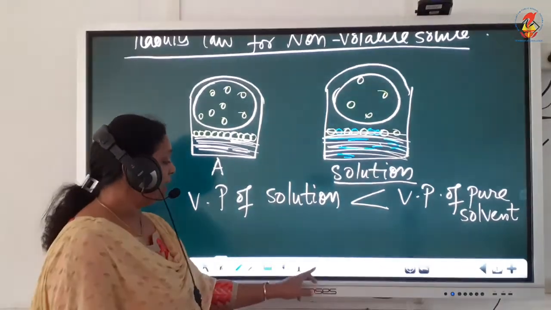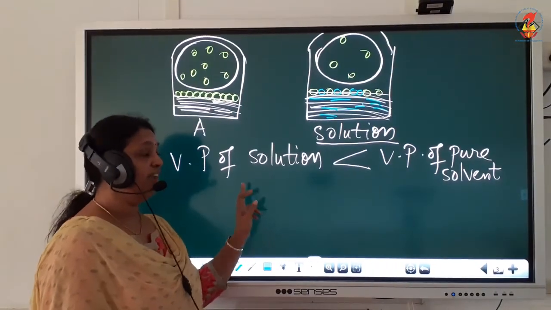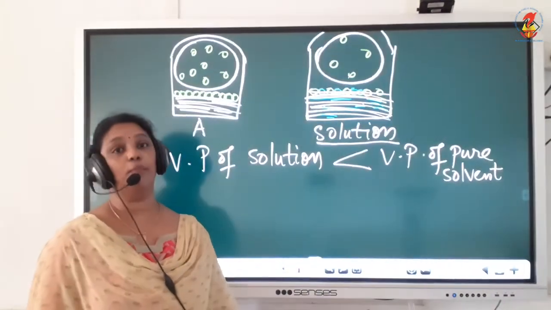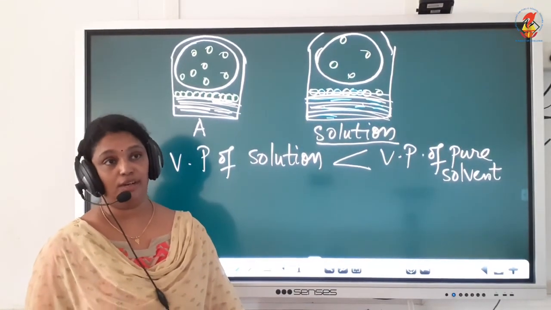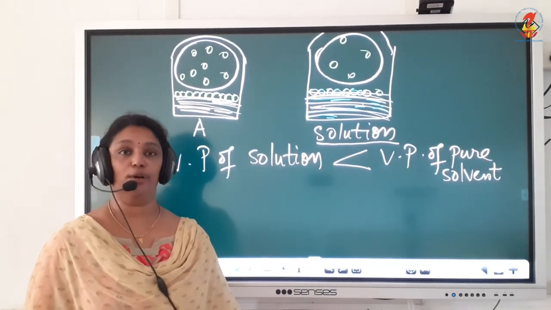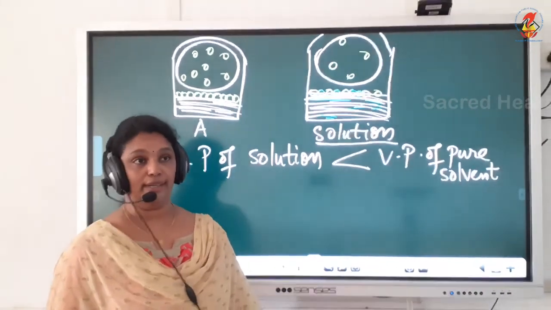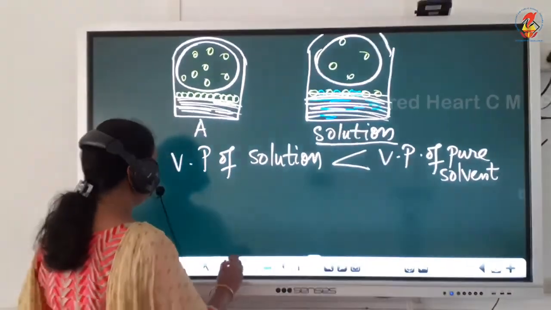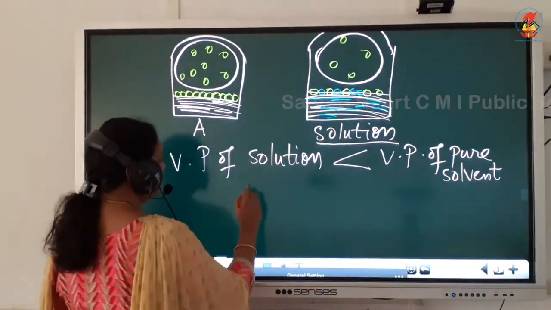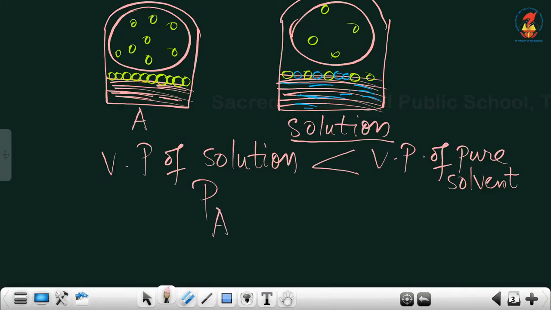So we know that according to Raoult's law, the vapor pressure is directly proportional to the mole fraction of each component. But we know that in this case our solute is non-volatile. So in this case we have the vapor pressure only due to solvent A, and it will depend only on the mole fraction of solvent.